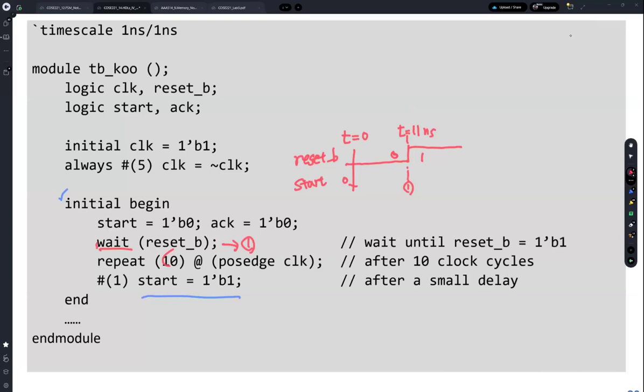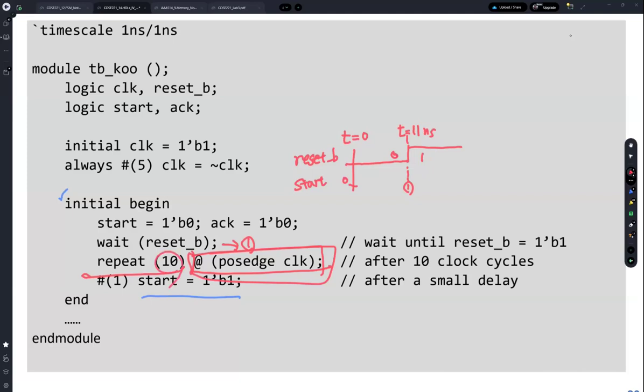And then you can find the repeat. What is this one? Another syntax of SystemVerilog. But also you can find the at positive edge of clock. You can understand that repeat just repeats this statement by this number.